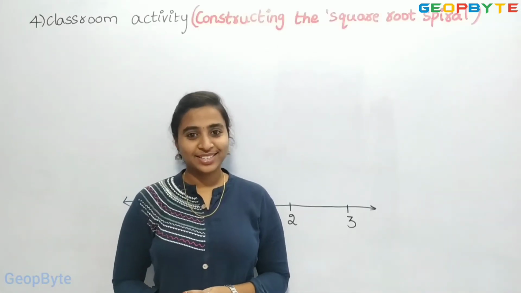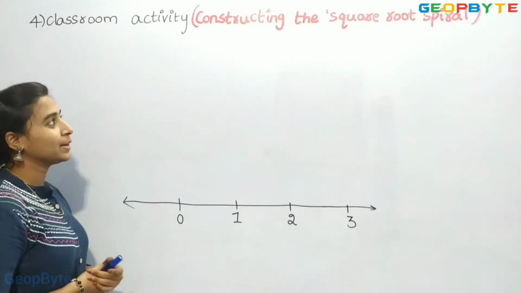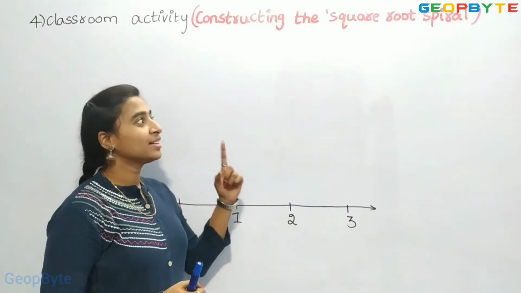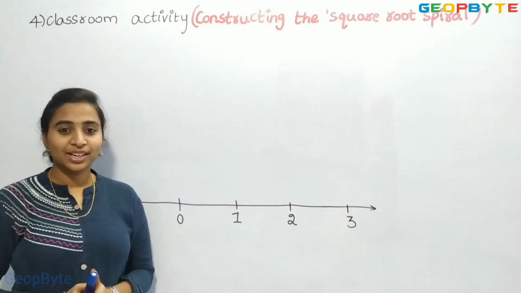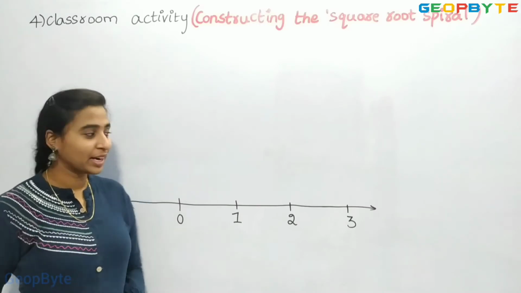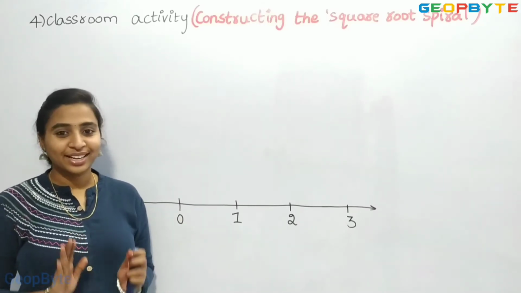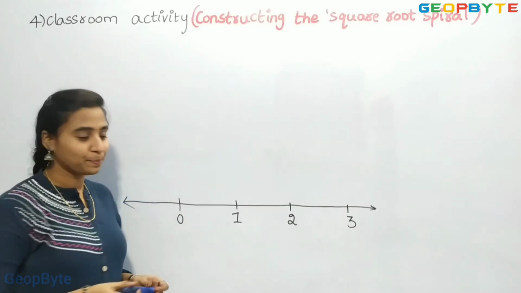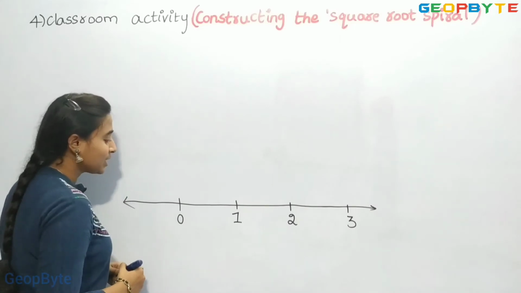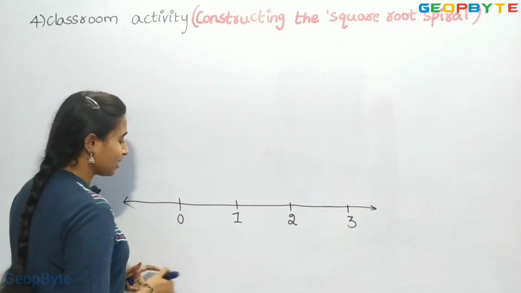Now, let us see the fourth question. Classroom activity: constructing the square root spiral. See, let us construct a square root spiral on this number line. First, let us consider a square OABC with each side 1 unit length.